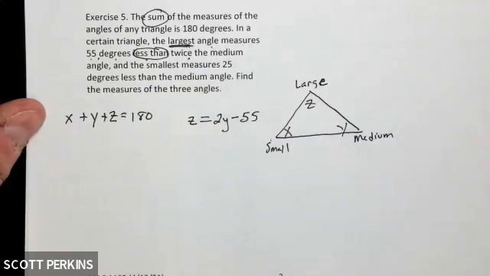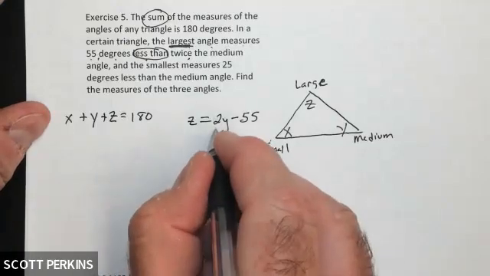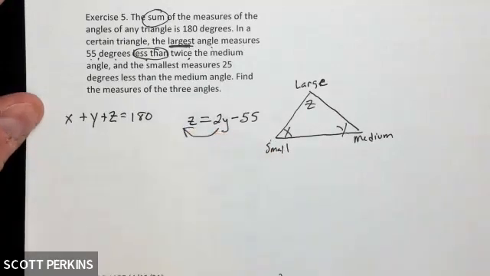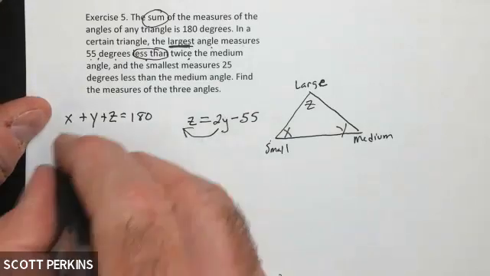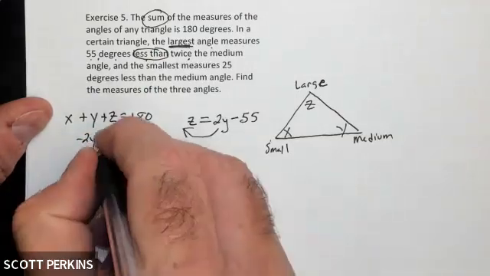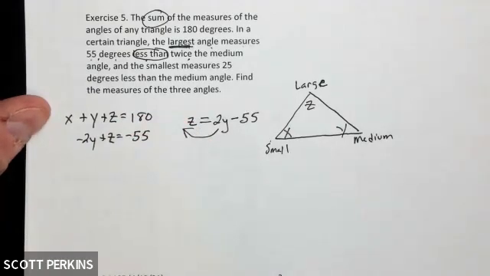So if you have $5 less than yesterday, that means whatever yesterday's total was, you subtract 5 from. That's just how those words work. So I'm going to take this 2y, I'm going to bring it over to this side right here, because the x's and y's are always on the same side of the equation. So I'm going to have negative 2y plus z is equal to negative 55.